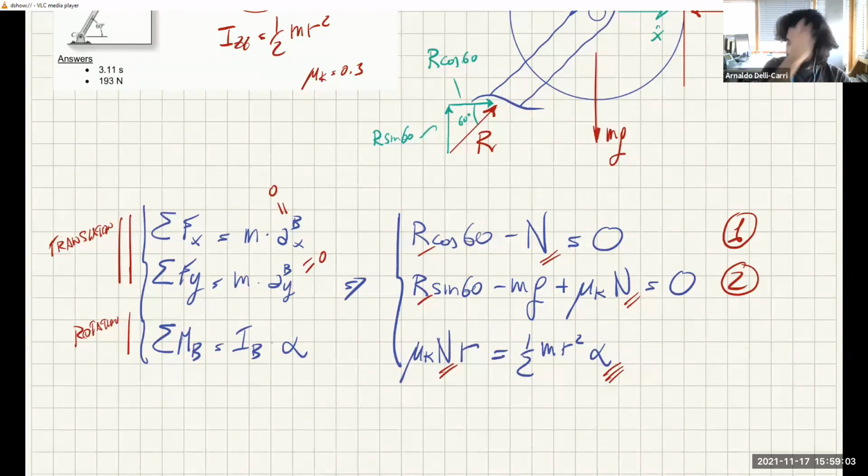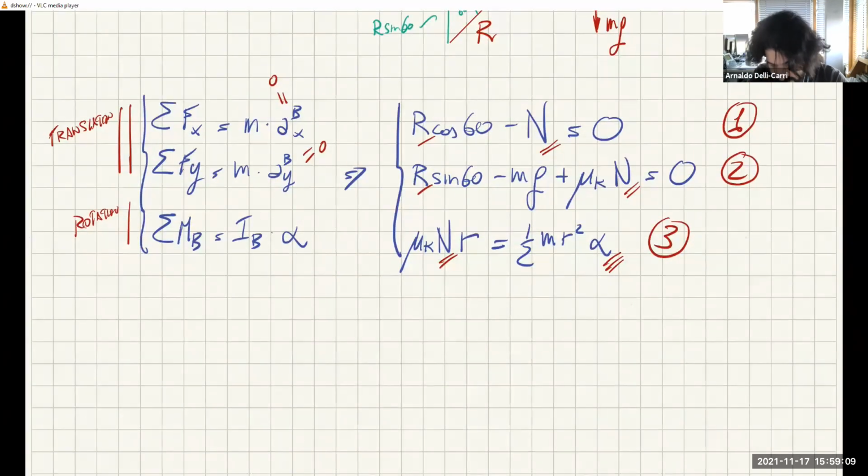So first we need equations 2 and 3. So this is equation 3. So first, let me see, can we get rid of r? Yes. No, not in an easy way.